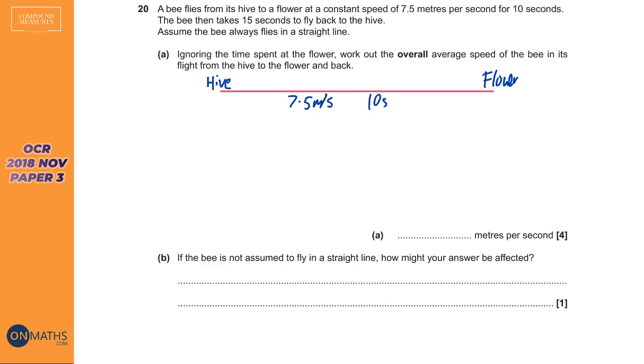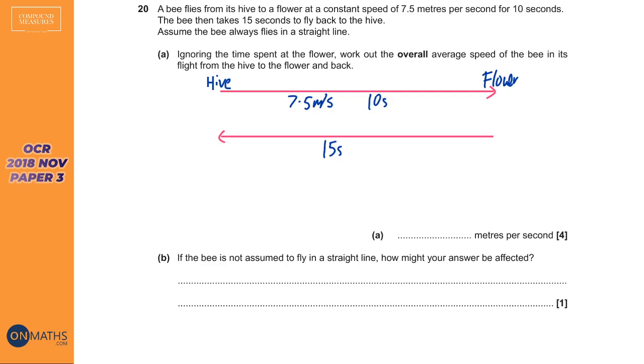Then we're given a return journey. So that's going to the flower and that's going back to the hive. And it says it takes 15 seconds to go back to the hive.